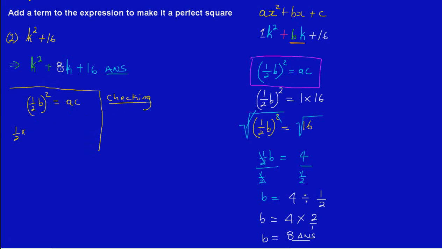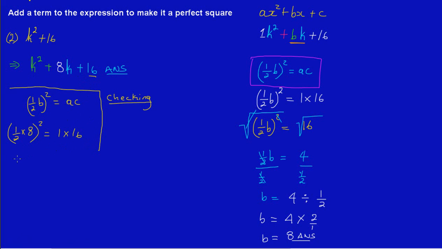Now we're taking a half of 8. We know what b is, we found it. So I'm taking a half of 8 and squaring that, and that must be equal to a times c, where a is 1 and c is 16, and both sides of the equation must work out to the same value.